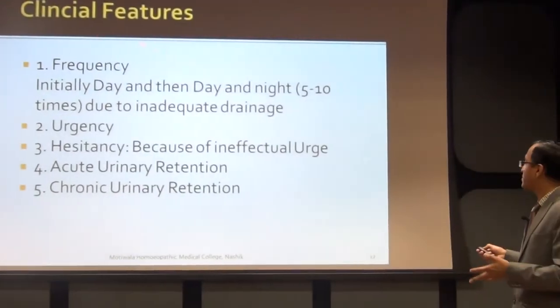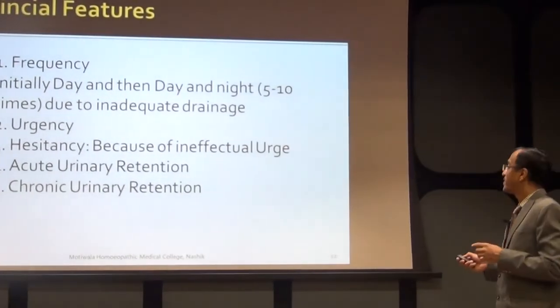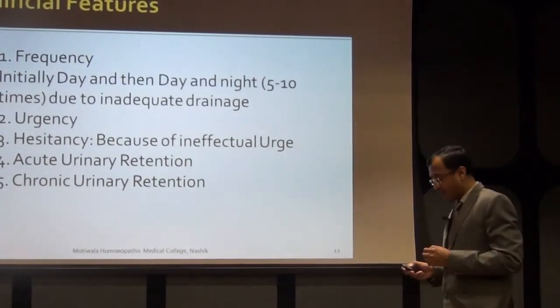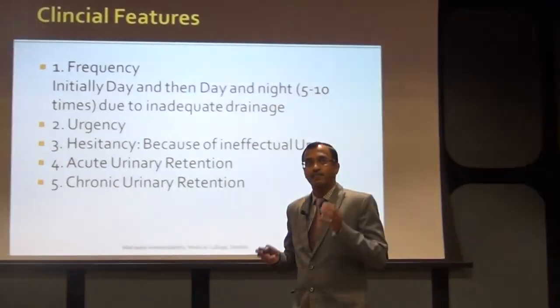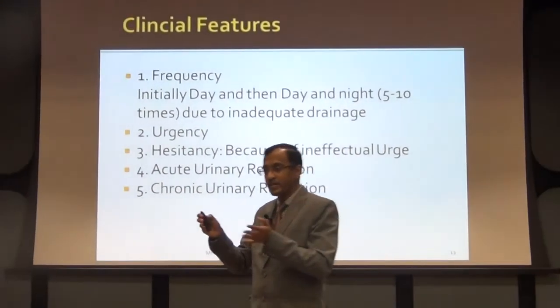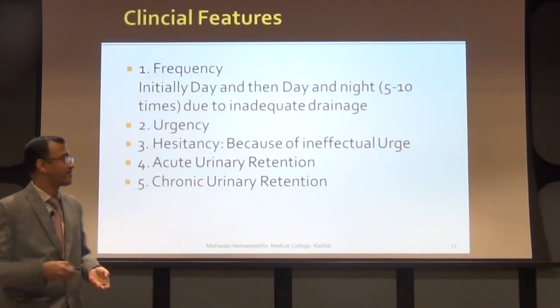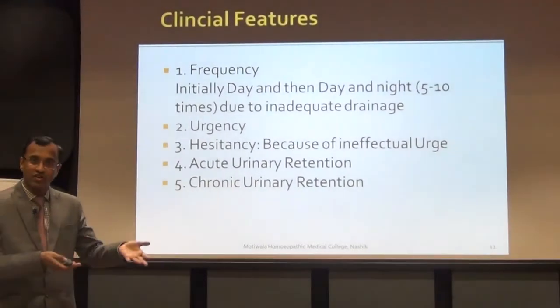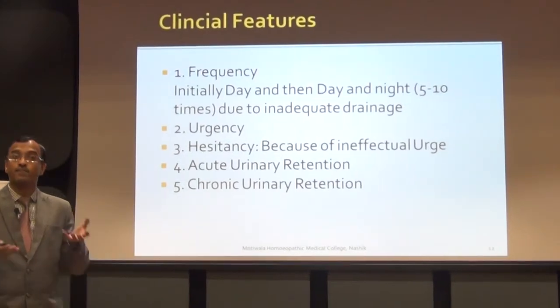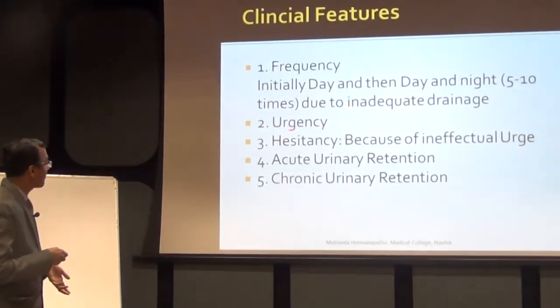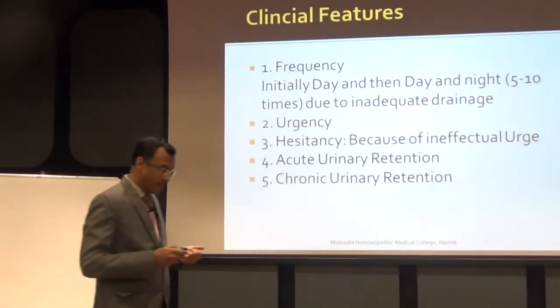In an elderly person, the commonest cause will be benign prostatic hypertrophy, where you will find the frequency of urination is there because of inadequate drainage of urine every time. Because of the stagnation of urine, the prostatic urethra gets involved and it creates a second level of urgency.